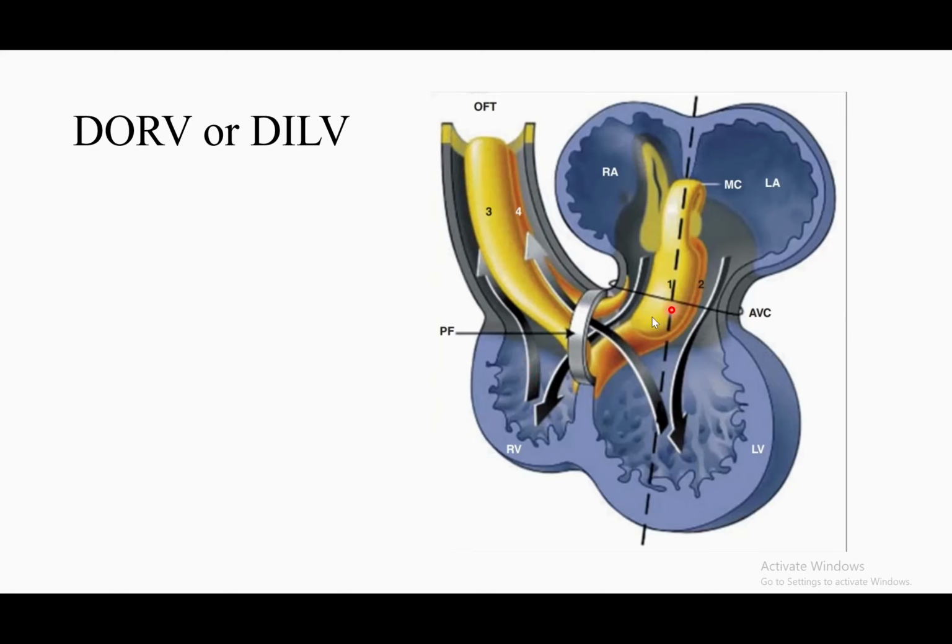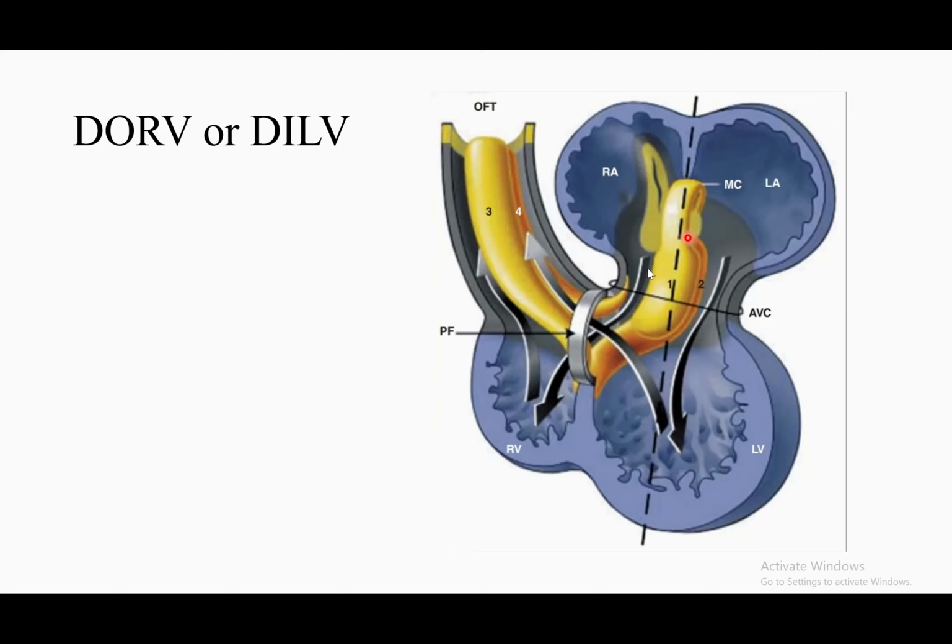So if part of this formation prevails after birth, we will find that the left ventricle may receive the mitral and tricuspid, and the right ventricle may deliver the aorta and pulmonary, so it becomes double inlet left ventricle or double outlet right ventricle.